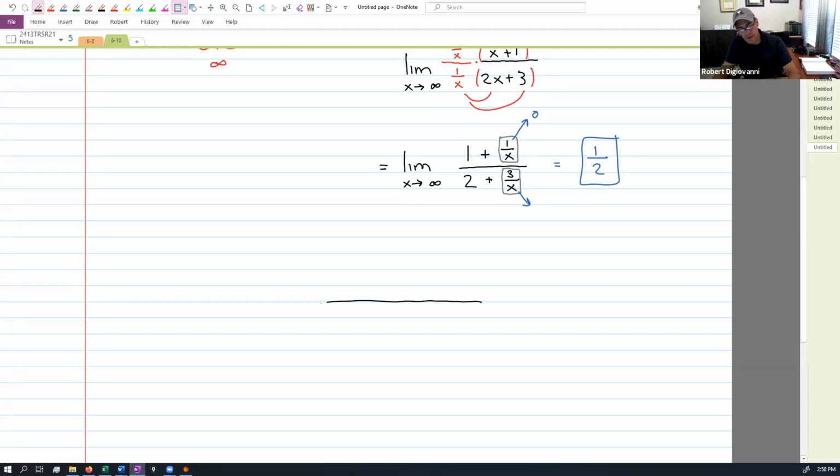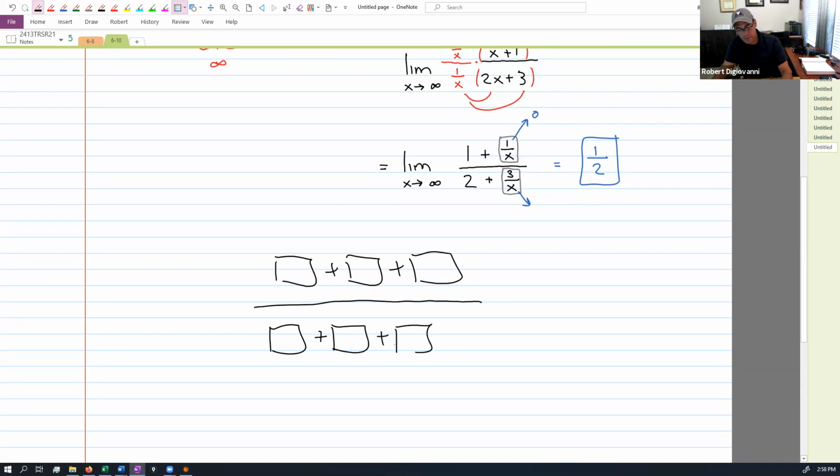So just think about if we had an expression here. Let's say the top has a bunch of things added together. Who cares what they are? Those could be subtractions. We could have 2 of them, 3 of them, 4 of them, 5 of them. It doesn't matter how many we have.